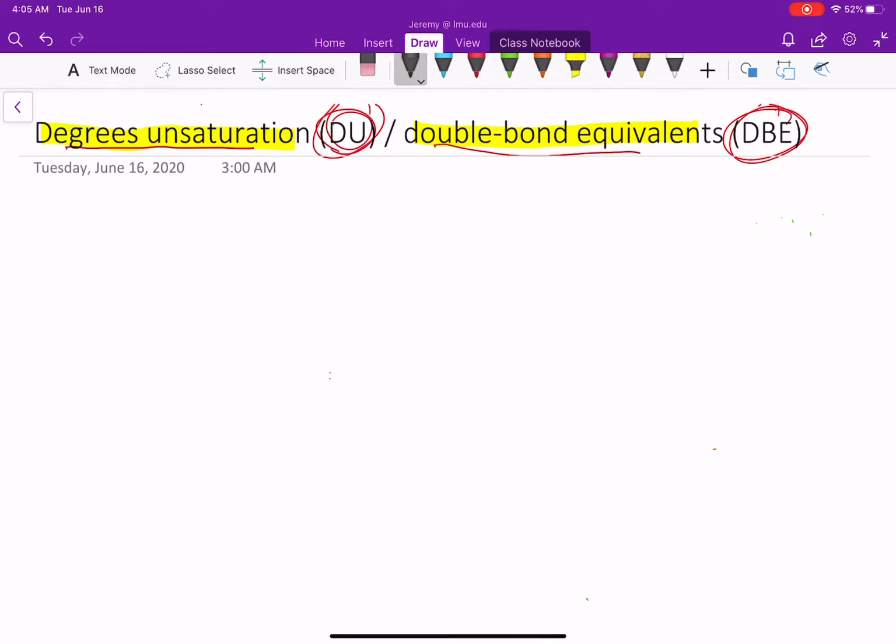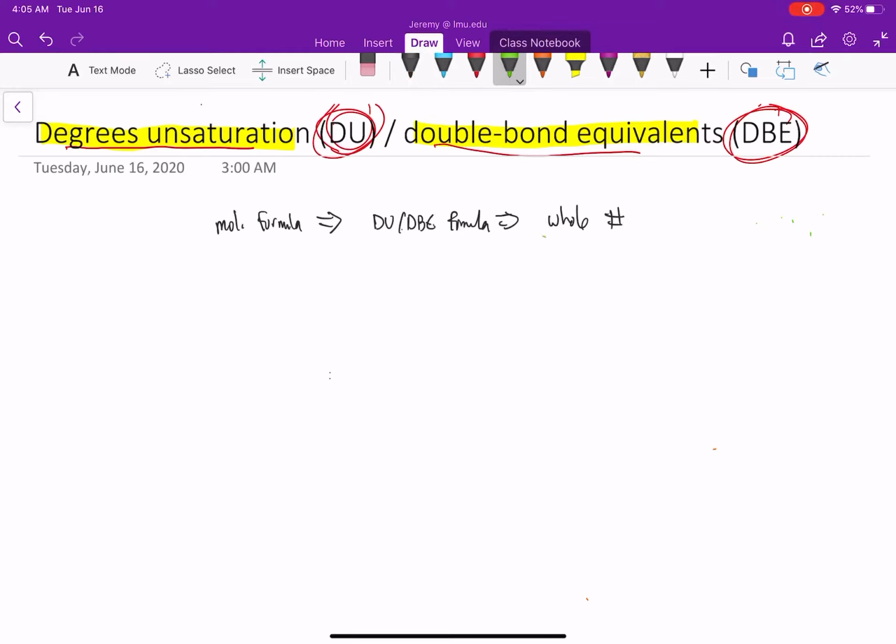So essentially, if we're given a molecular formula, we can use a mathematical formula I'm going to give you, our DU or DBE formula, and it will return a whole number.